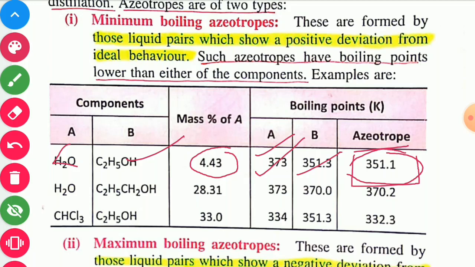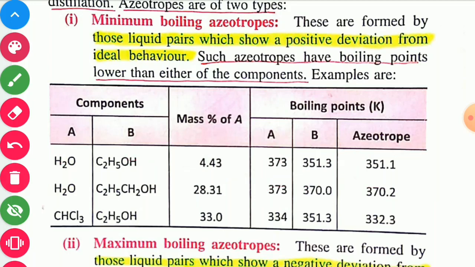Similarly, in the case of the mixture of water and propanol, we get the same criteria. The azeotropic mixture has a boiling point less than either component in the pure form. Now maximum boiling azeotrope.